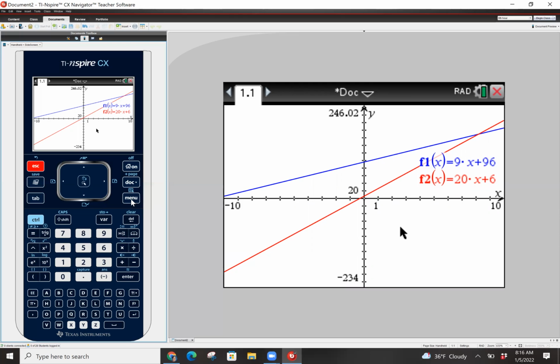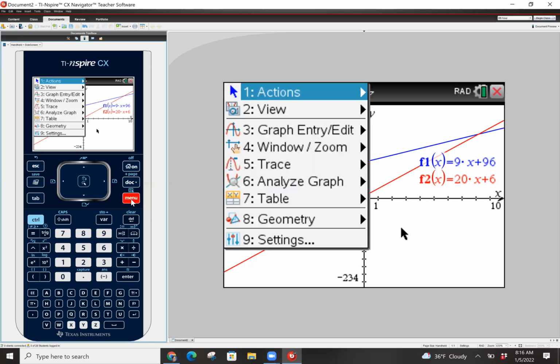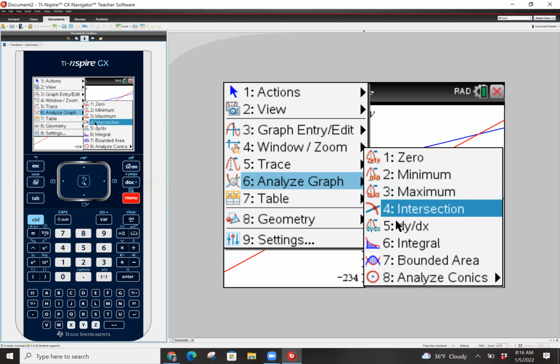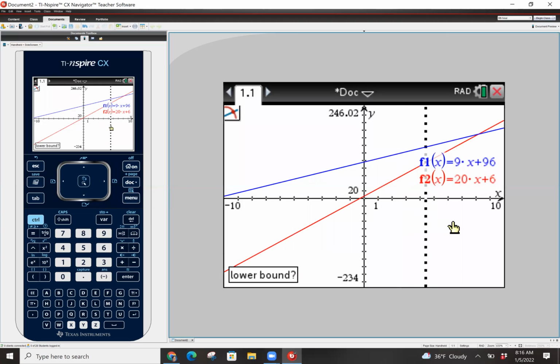So what we do, we're going to go to menu. And we're going to go to analyze graph. So menu 6. And then I want you to look at the word intersection, number 4. Now a vertical line is going to appear. We're just giving the calculator an area to search. So lower bound means go to the left of the intersection.